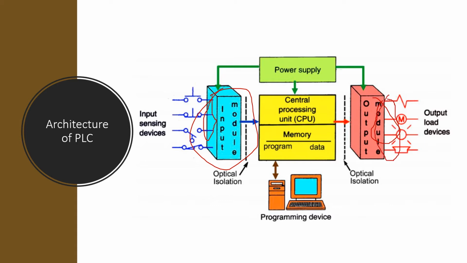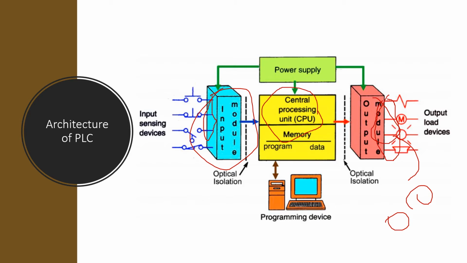From the output module, the output signals are sent in order to activate solenoids, actuators, motors or displays, etc. So these are the operations of input and output modules, and also we have the CPU. This is the brain of the PLC.